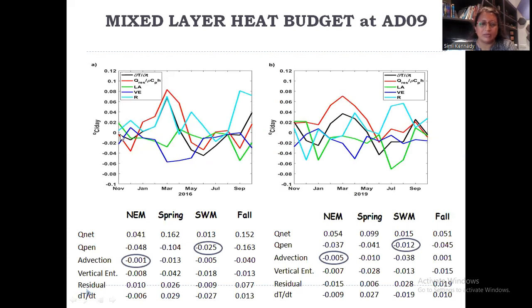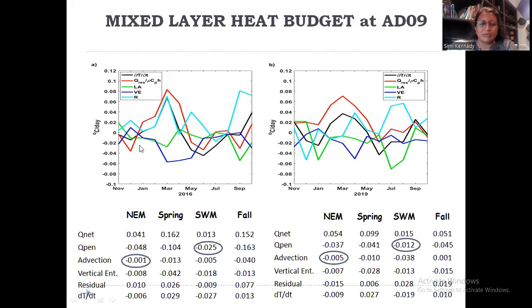And the black color shows the mixed layer temperature tendency, the red color showing the resultant heat flux, the green color showing the lateral advection, the dark blue color showing the vertical entrainment, and the light blue color showing the contribution by the residual term.